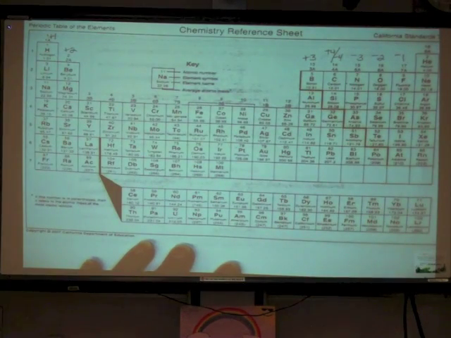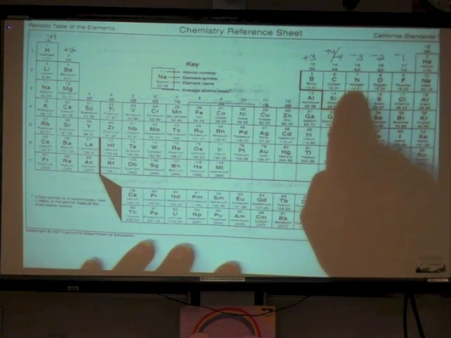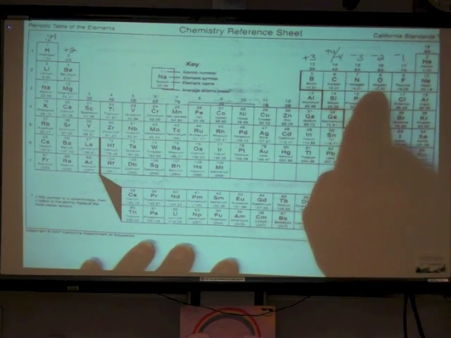What is the mass of 1 mole of nitrogen atoms? 14.01 grams. What is the mass of 1 mole of oxygen atoms? 16 grams. So this number on the periodic table, atomic mass, can represent 2 different things depending on what our units are.